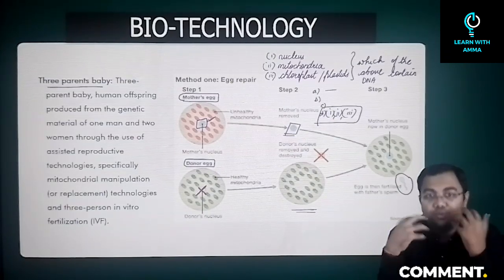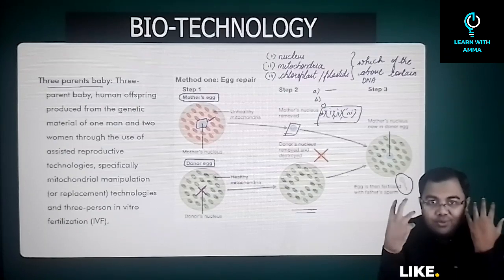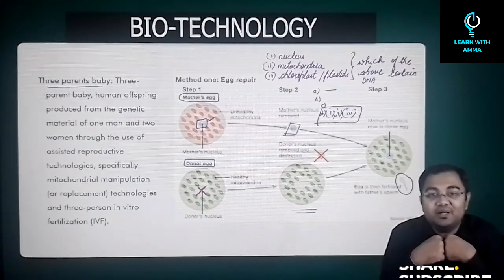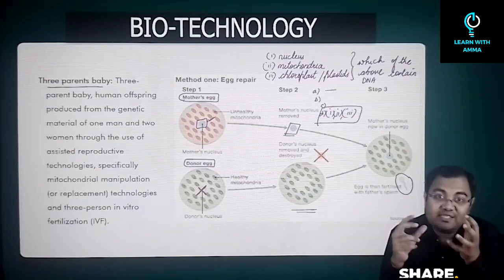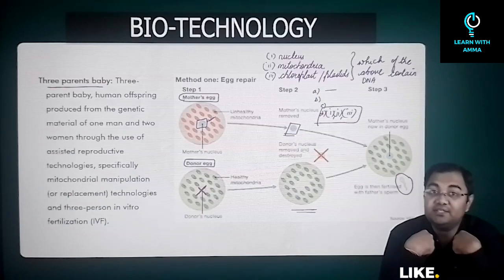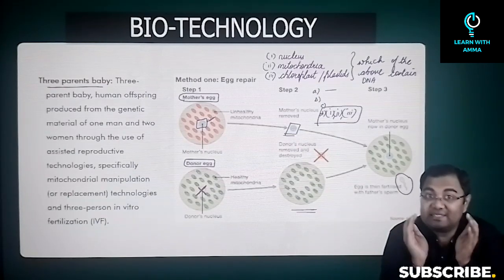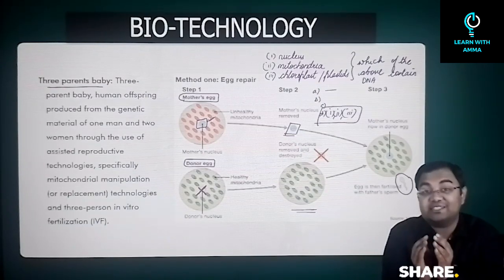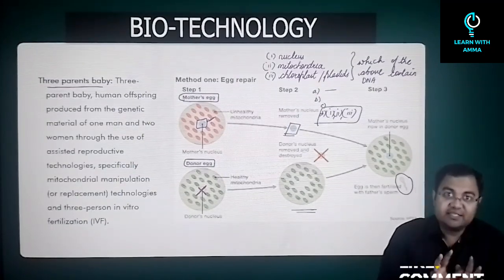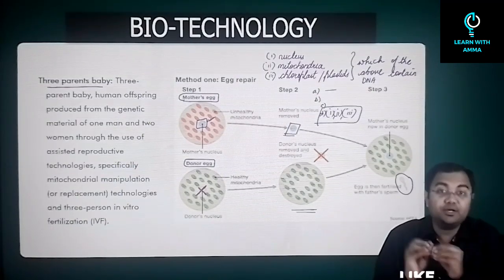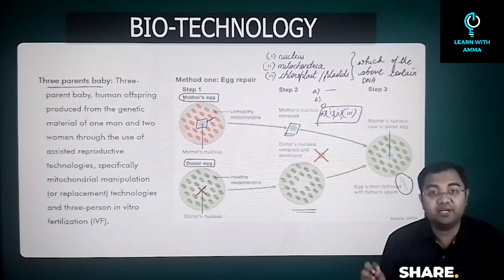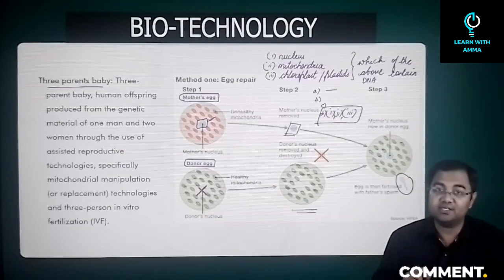How I look, what is the shape of my face, what is the amount of hair on my scalp, what is my height, what is my skin color. These are specific to me, correct? So these kinds of characteristics, particular to an individual, are stored inside the genes of the nucleus.